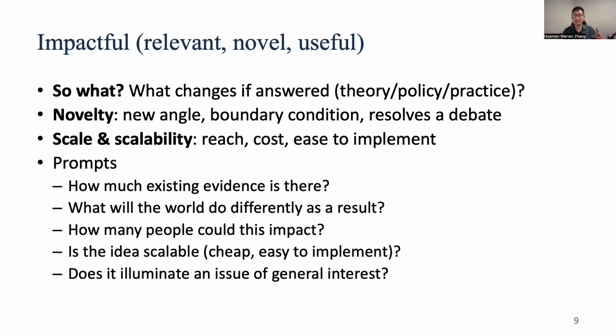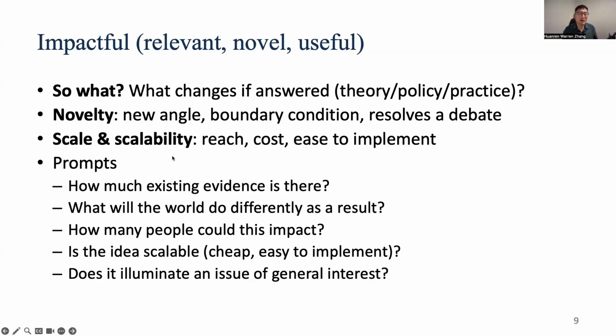If you run the same experiment on more or less the same subject pool, it's difficult to consider that type of research impactful, right? That's why we need a literature review, to know what we already know from the existing literature and make sure our research question has not been clearly answered before, so that we can contribute. And the last thing about impactful is whether it can scale to other fields, to the general population.